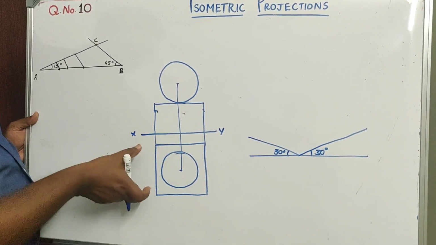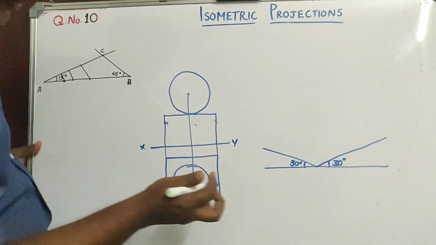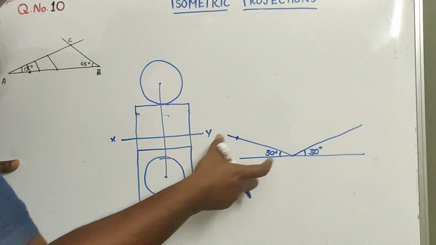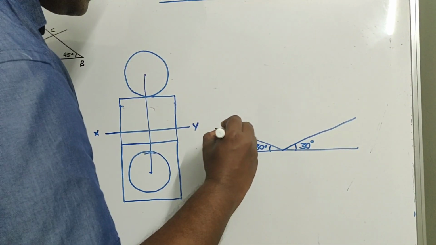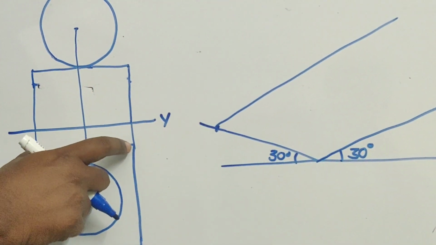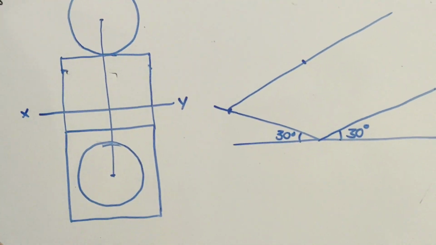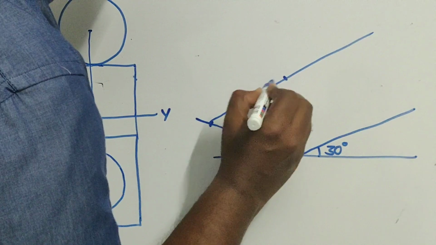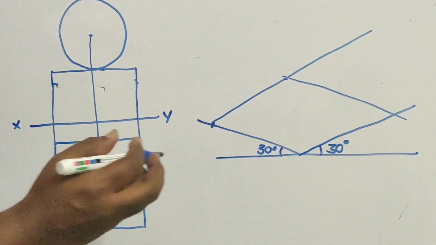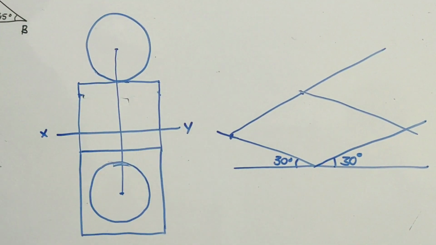So you can take the square side from here. You can measure it so that you can mark it here. So this dimension you are using here. From here you are drawing a parallel line to the other isometric axis and you are marking it here. So this is the next point. From there you are having another line which is parallel to this. So you got the bottom portion of the square slab.